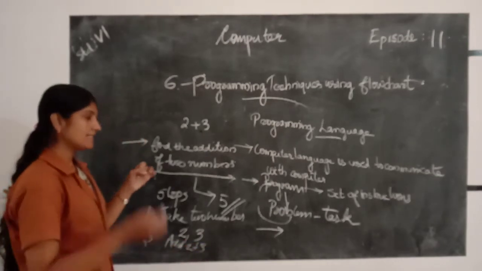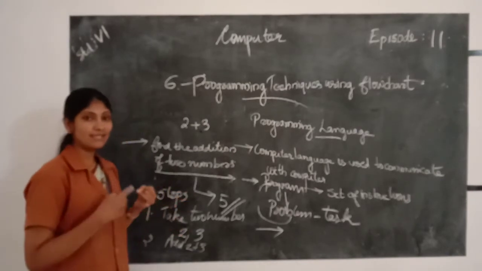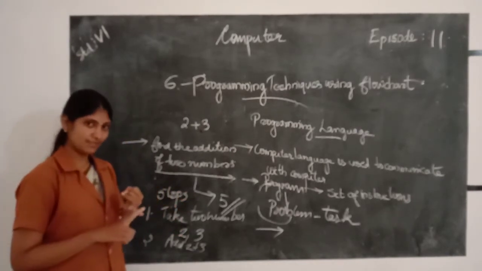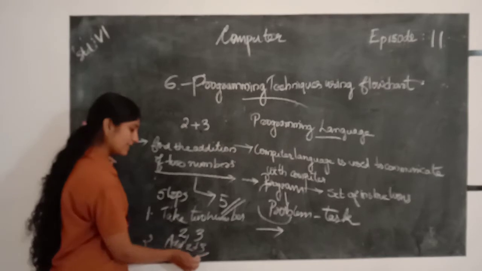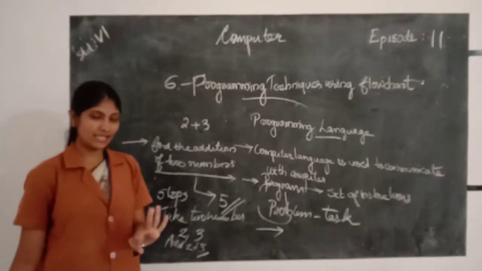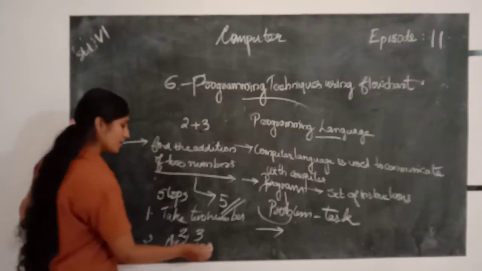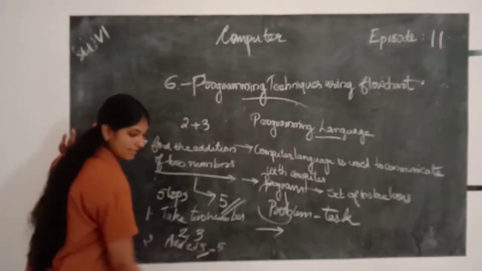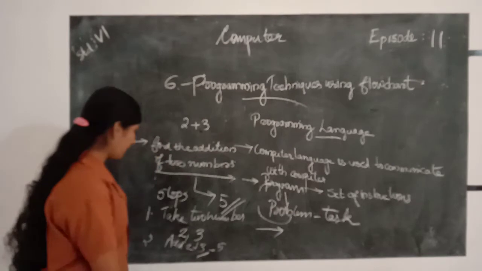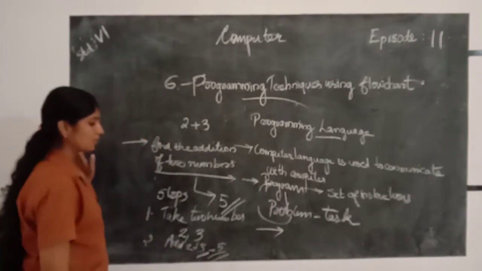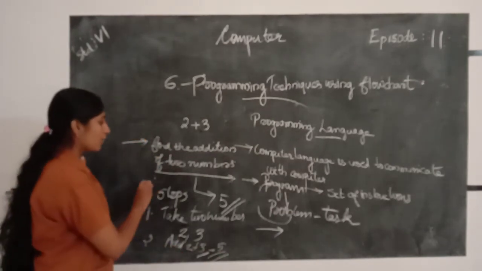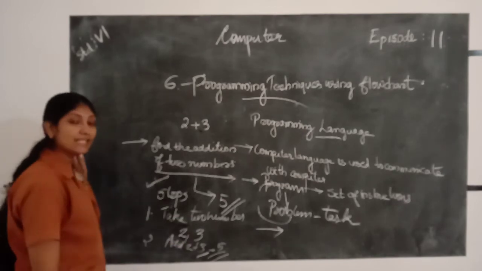Take the first number, take the second number 3, and then count after the first number: 3, 4, 5. So this is the step. Then we get the final solution 5. So for each problem there are some steps.